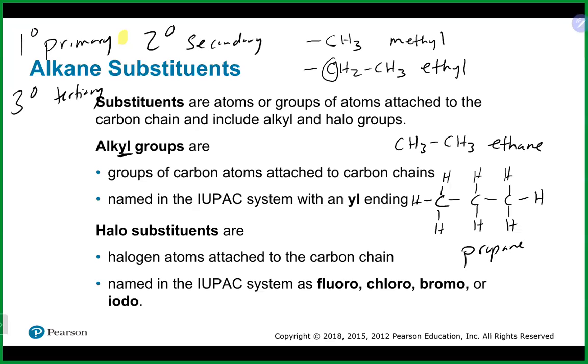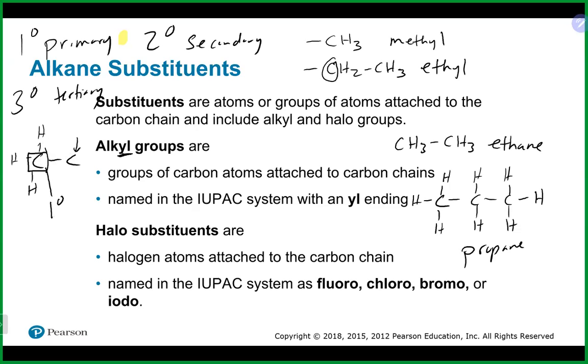What is the difference between them? You take the carbon that you're looking at and you find how many carbons are directly attached to it. Very simply, I have a carbon like this that's attached to one other carbon, and I'll say all these are hydrogens. This carbon is attached to only one other carbon. That makes this carbon a primary carbon.